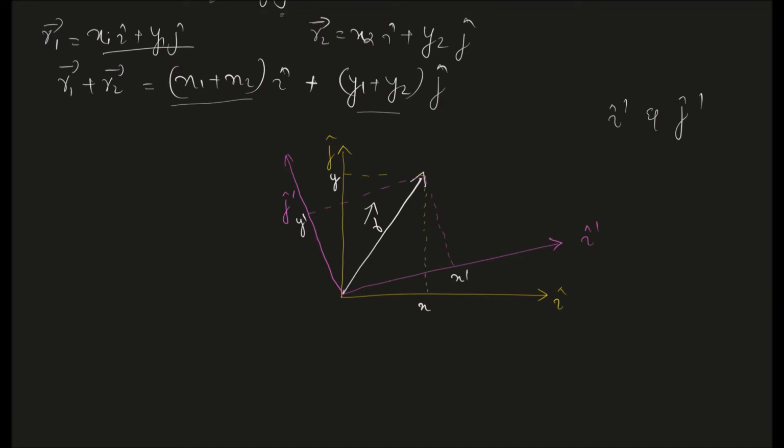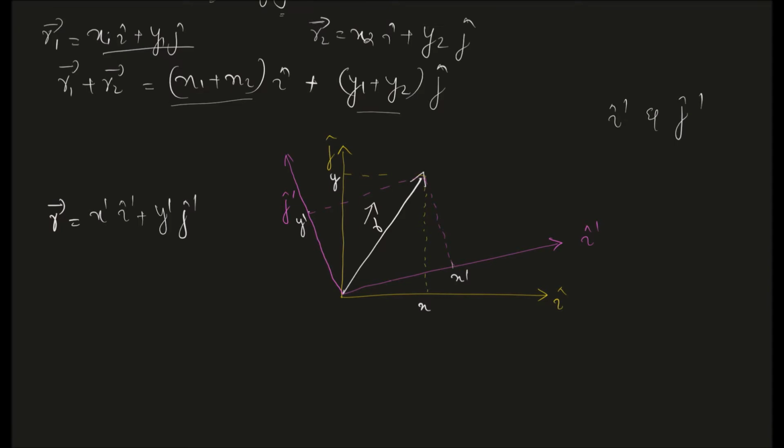But if you had chosen the pink coordinate system, then you can write the same vector r as x prime i prime plus y prime j prime, where x prime and y prime represent the components of the vector along the i prime direction and j prime direction.